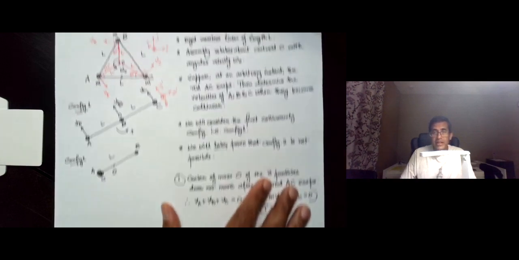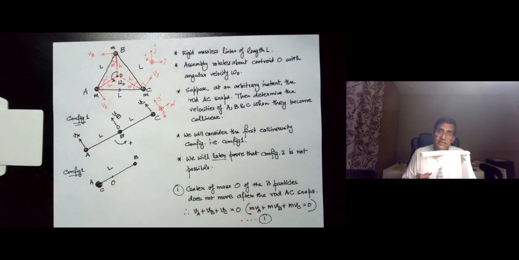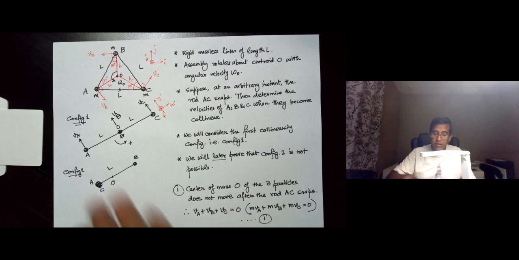So essentially in this case what happens is, as this rod AC snaps and the motion evolves, there are instances when A, B and C are going to be collinear, and whenever that collinearity happens, VA, VB and VC will follow either one of those two solutions that we just derived.